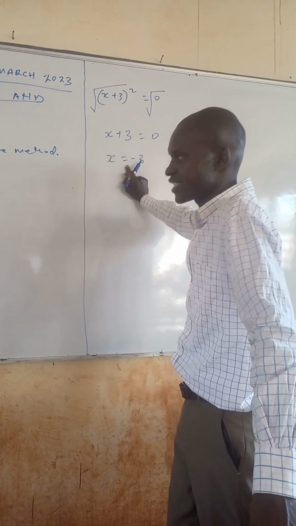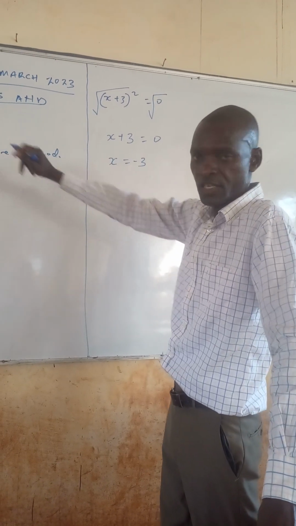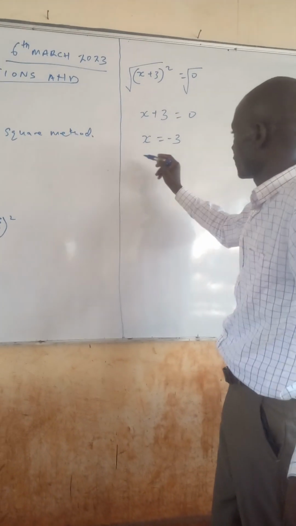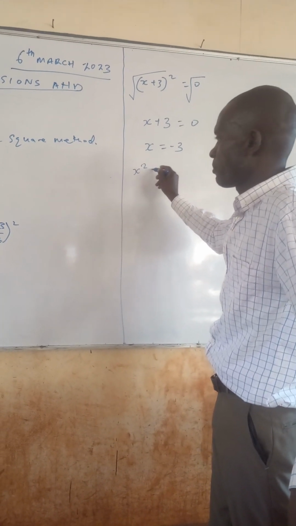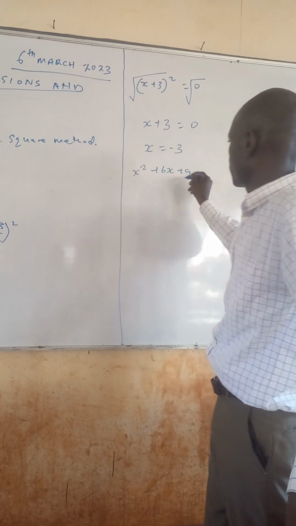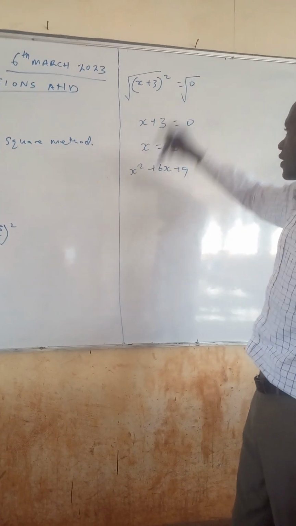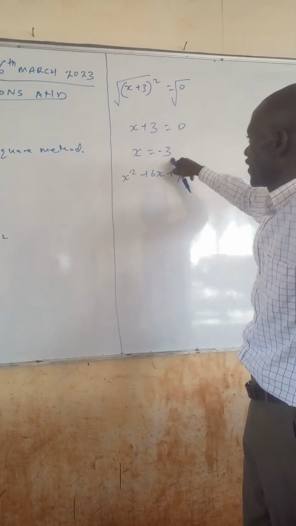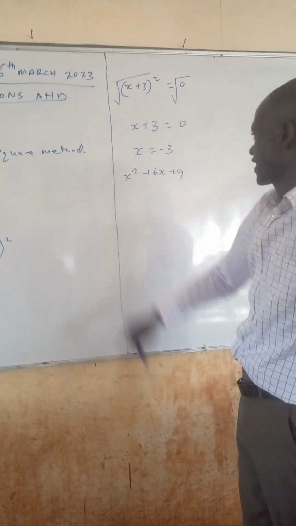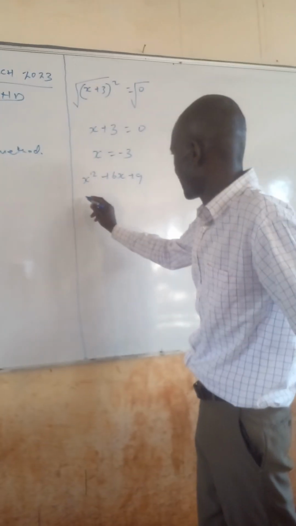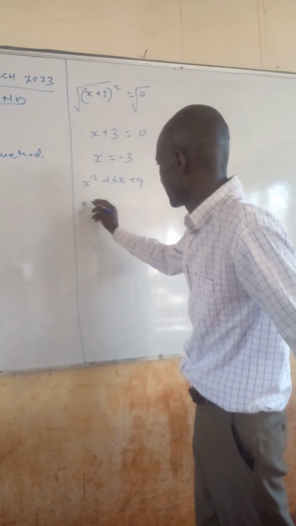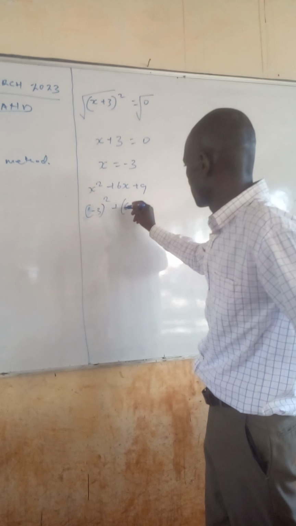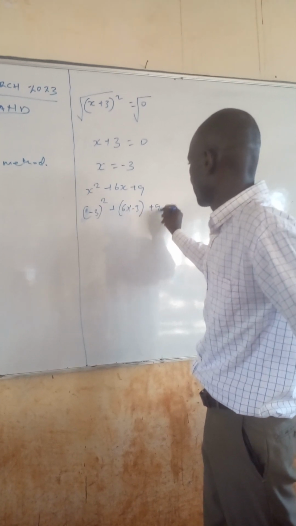If you put this value of x into the expression, you will find that you end up with 0. We can make that trial and see. The expression is x squared plus 6x plus 9. Substituting, we have negative 3 squared, plus 6 multiplied by negative 3, plus 9.